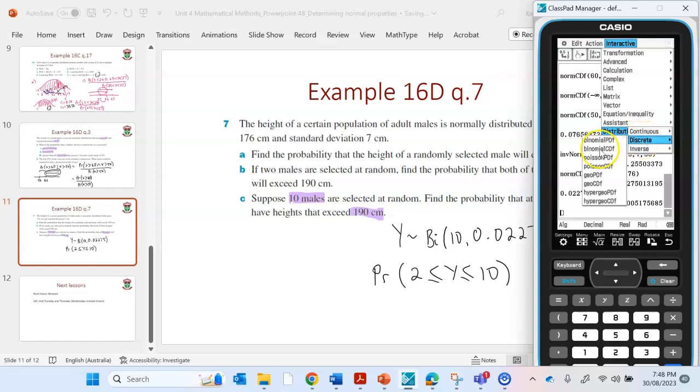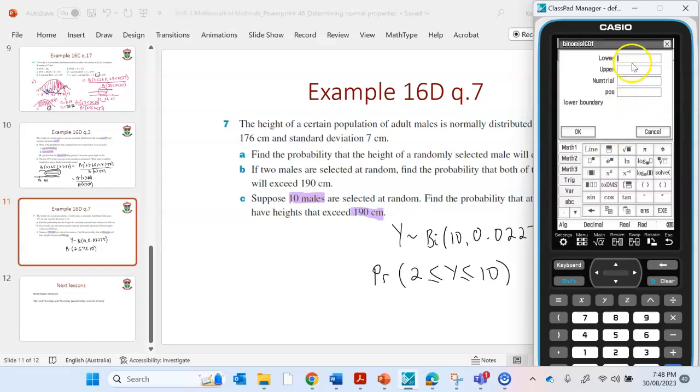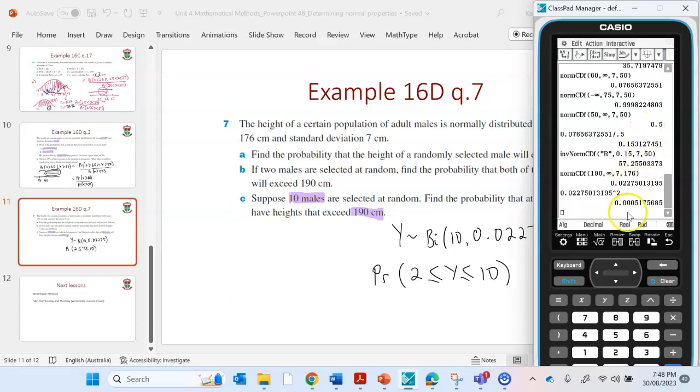So discrete, binomial, CDF. So our lower limit is 2, our upper limit is 10, the number of trials is 10, the probability of success, I probably should have copied it. Oh, sorry, I'm going to copy it. All right, so let's just copy that, go through it again.